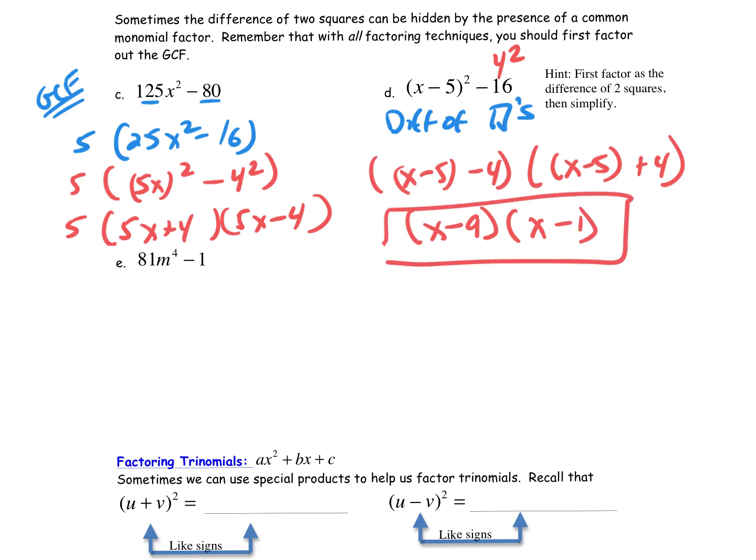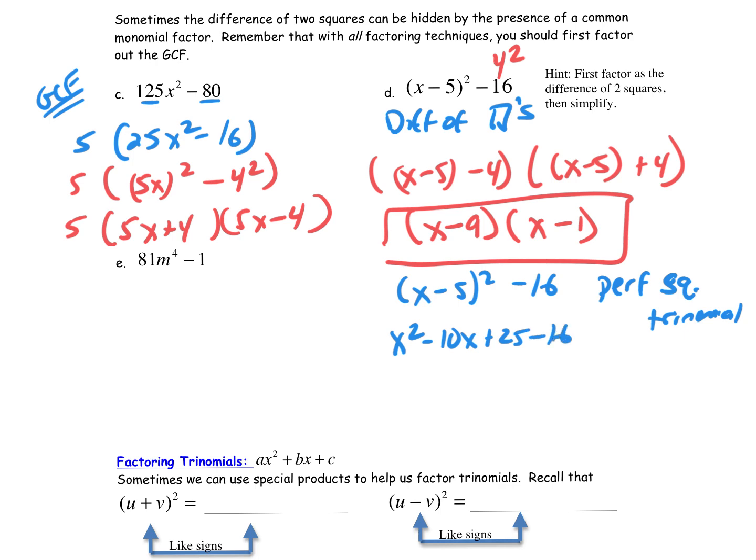Now, if you actually multiply this out, you can, and I'll do that here as well. So x minus 5 squared is a square of binomial. This will become a perfect square trinomial when we multiply it out. So this is going to multiply out as x squared minus 2 times 5 times x. So it's going to be minus 10x plus 25 minus 16.